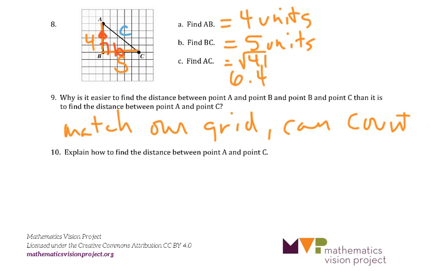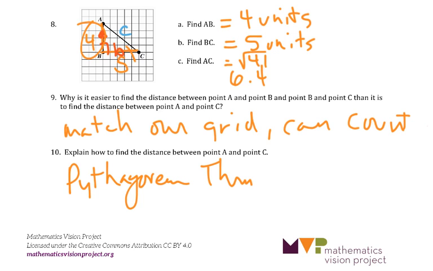So how did we find the distance between point A and C? Well, we used the Pythagorean Theorem. Okay, which, right, we squared both of those, added them together, then we take the square root of that, and that gives us our result.